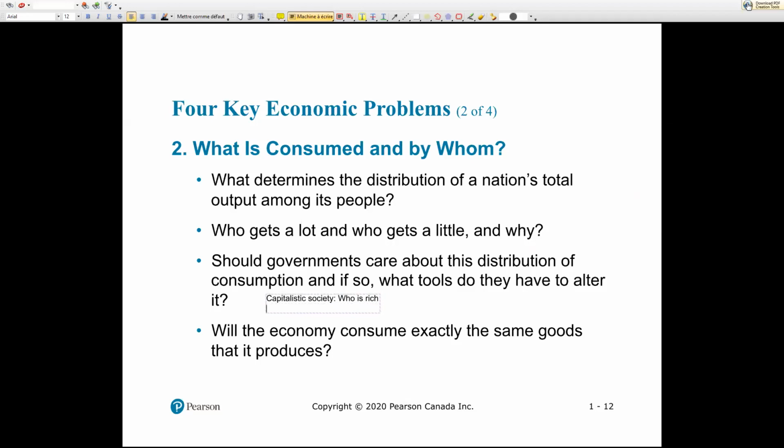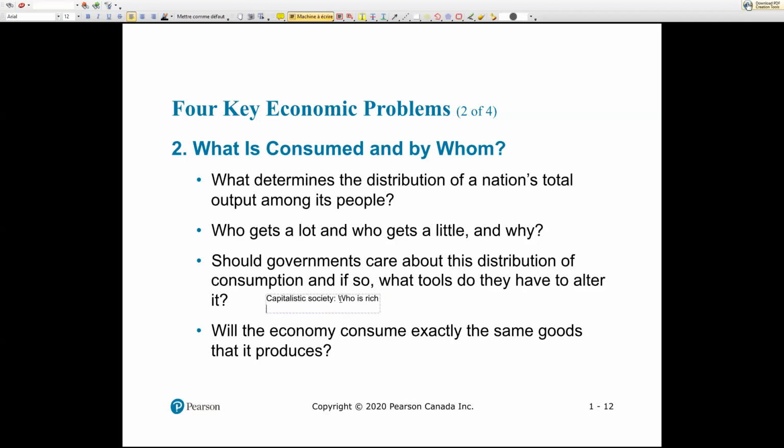Yes, so the only difference between a good and a service is the fact that a good, I can grab it in my hand, and a service is just something that somebody else does for me. But it's exactly the same in terms of economic analysis.